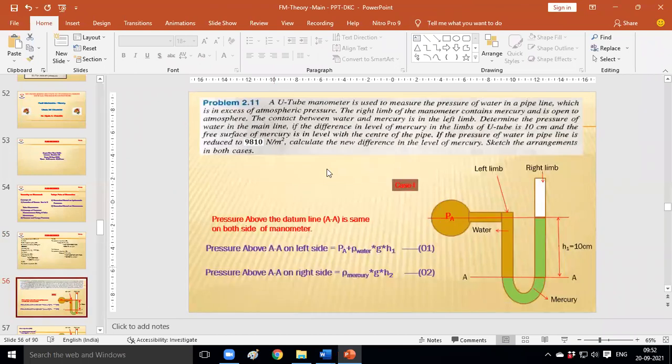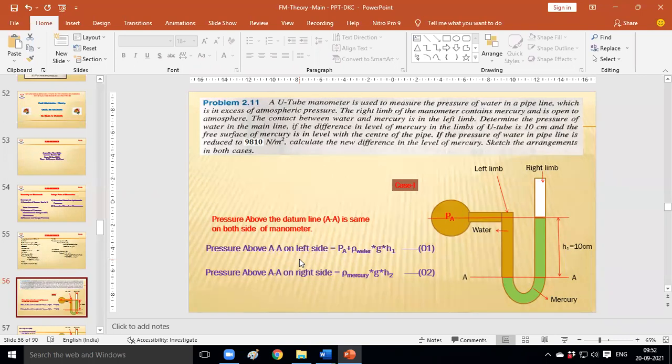A U-tube manometer is used to measure the pressure of water in a pipeline, which is in excess of atmospheric pressure. The right limb of the manometer contains mercury and is open to the atmosphere.